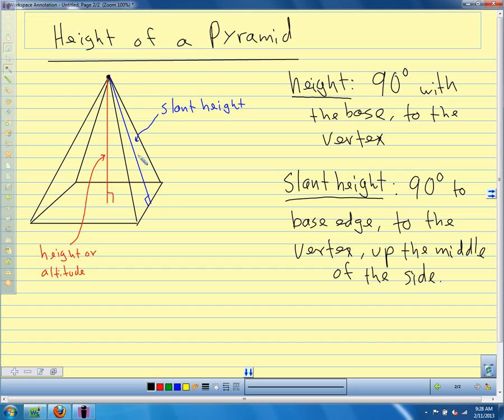So we're going right along the middle here, and we make a 90-degree angle at the base edge. And the height goes from the base to the vertex, and we can kind of think of it going up through the middle. But that doesn't necessarily always work, because if I have a slanted pyramid, an oblique pyramid, so if my pyramid looks like this, my height would be outside the pyramid.